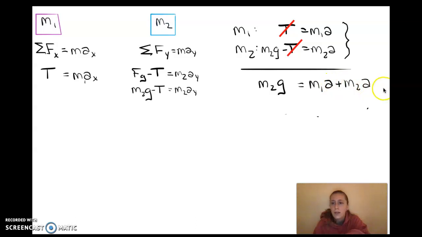All right, now here on out, it's just algebra. We are trying to find the acceleration of this system. So we can pull out a on the right. m2g is equal to a times mass 1 plus mass 2. We're trying to get a on its own. We're going to isolate this variable. We will divide both sides by m1 plus m2.